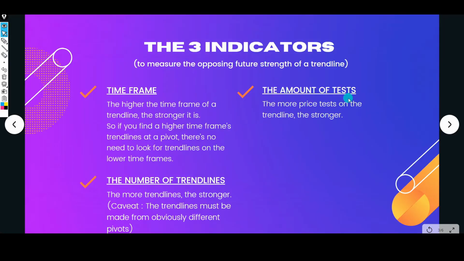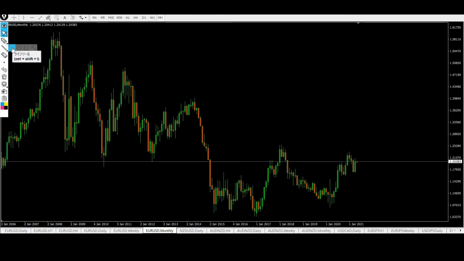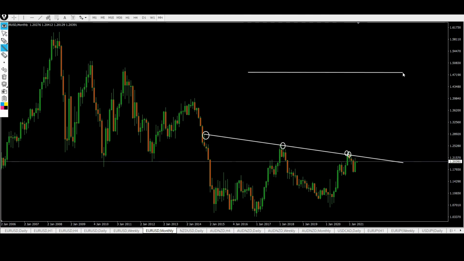The amount of tests. So the more price tests on the trend line, the stronger. This trend line that we're using from this pivot to this pivot right here has 4 touches on it. So there's 1, 2, 3, and 4. Now, if you recall, what we learned in lesson 5 is that a trend line, at the bare minimum, must have 3 touches on it to be legitimate.